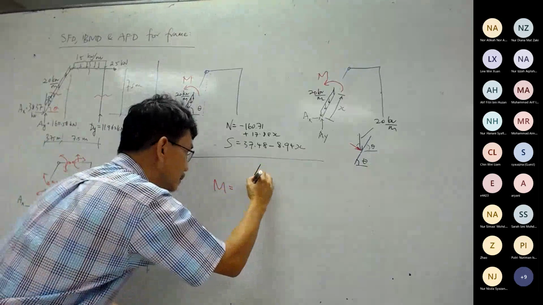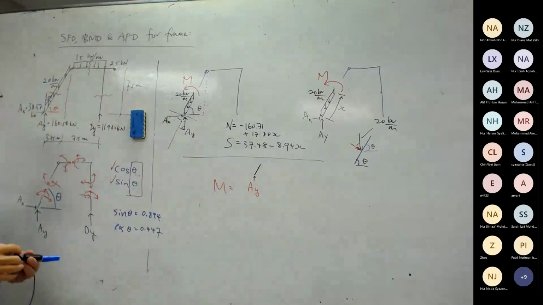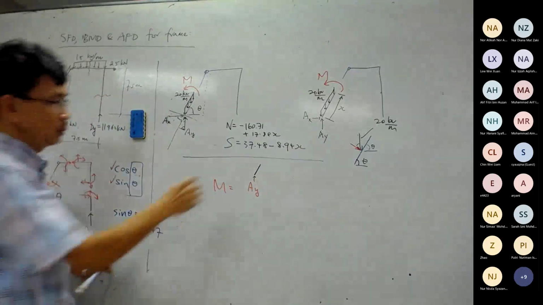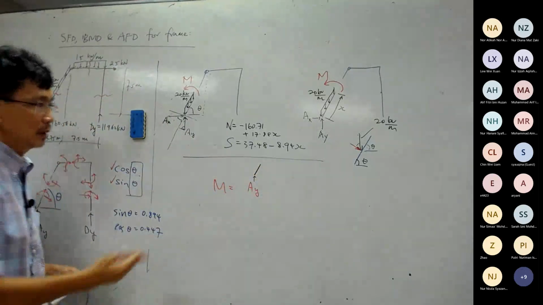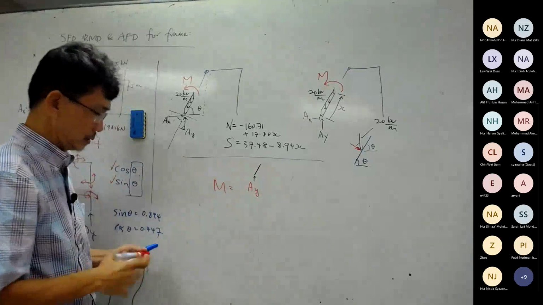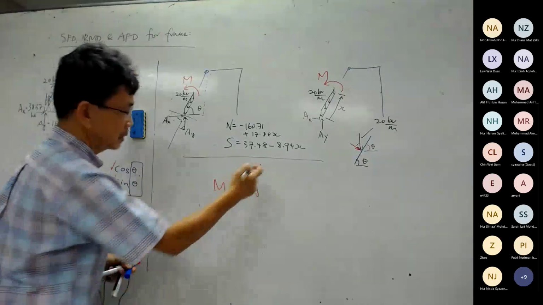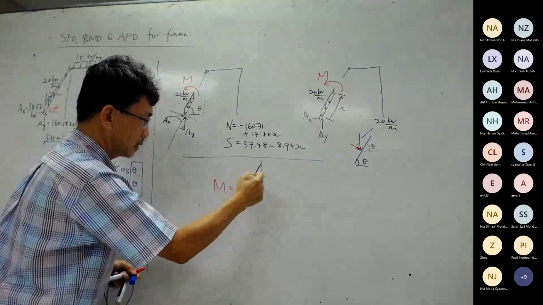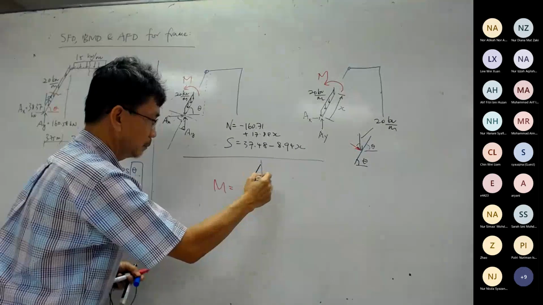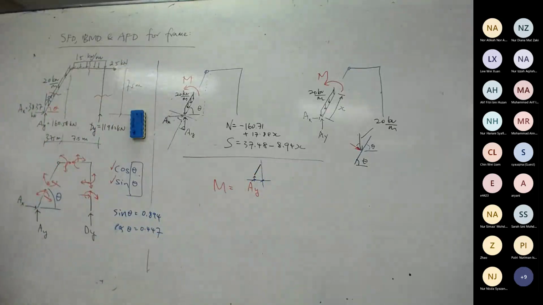AY is here, and we want to take moment at this point here. So you multiply with the perpendicular distance. The perpendicular distance is where you draw one line parallel to the force, and this is the perpendicular distance. That is your perpendicular distance.